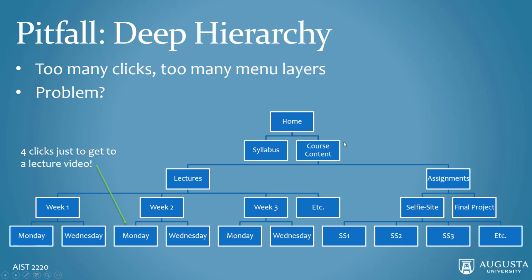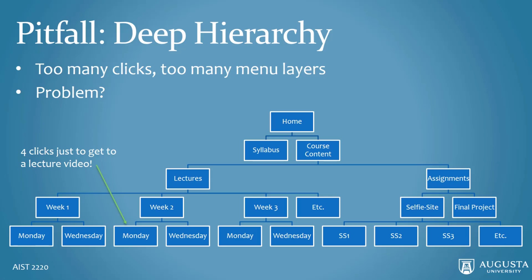That requires users to go from home, to course content, then lectures, then week 2, then Monday. That means the user needs to go through at least 4 layers.